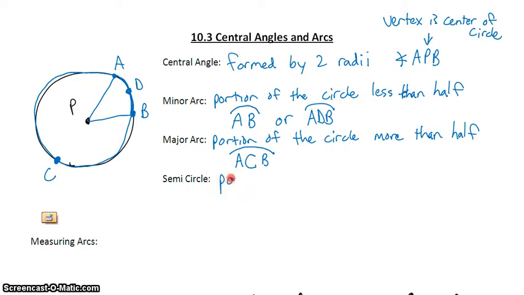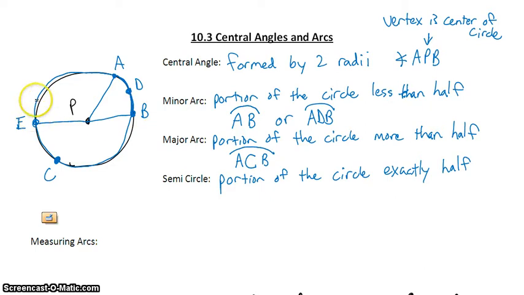A semicircle is a portion of the circle that is exactly half. In our example, if I draw in the diameter and label this point E, we have 2 semicircles.